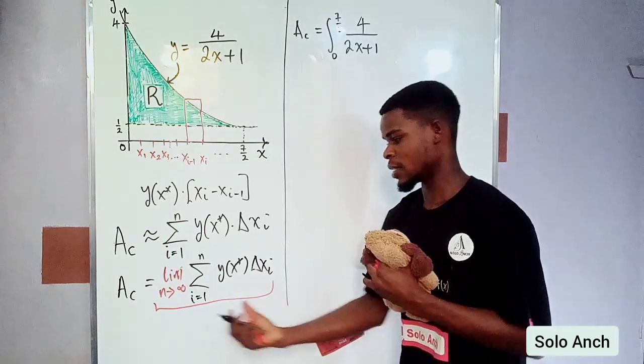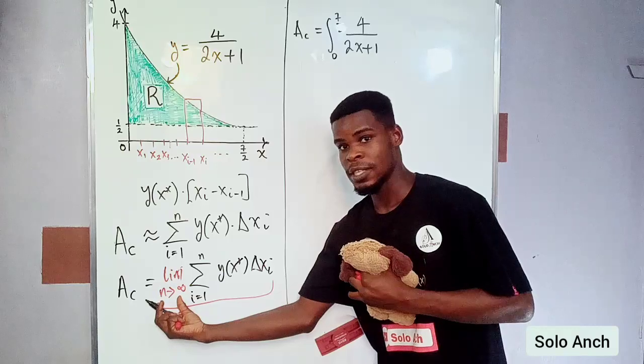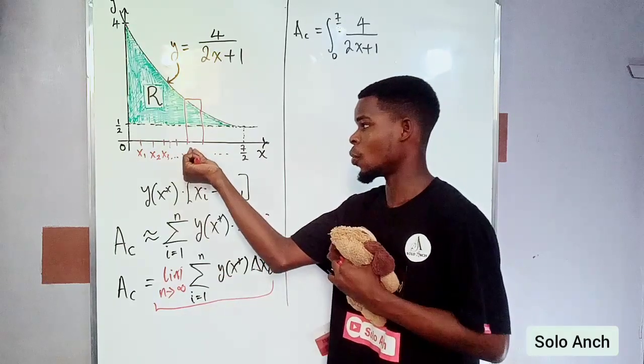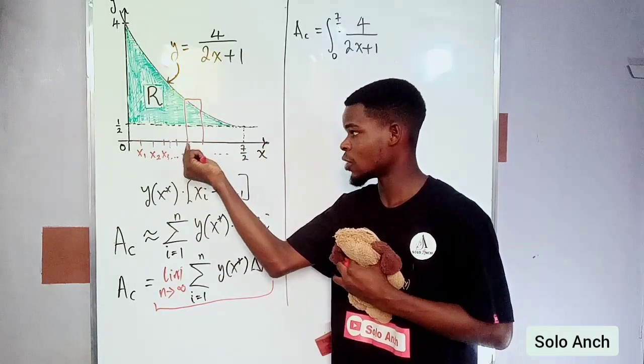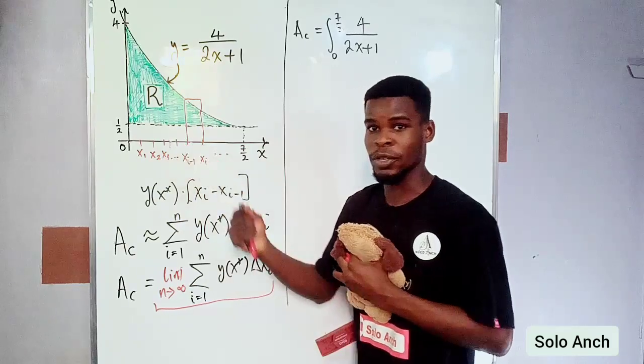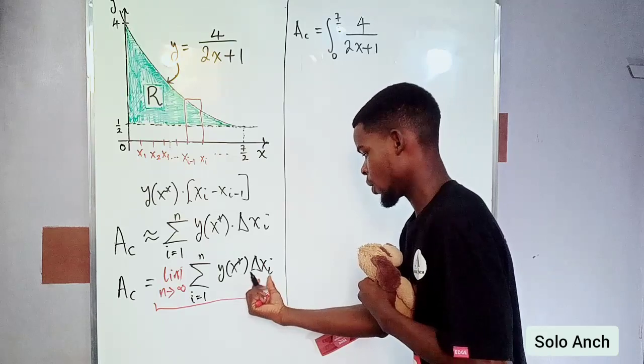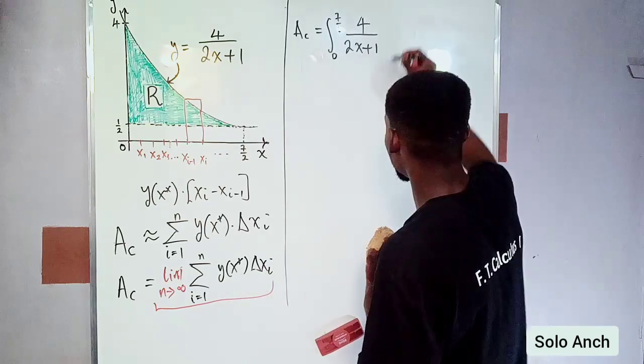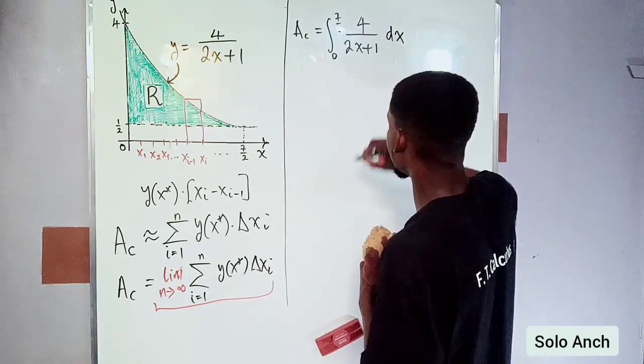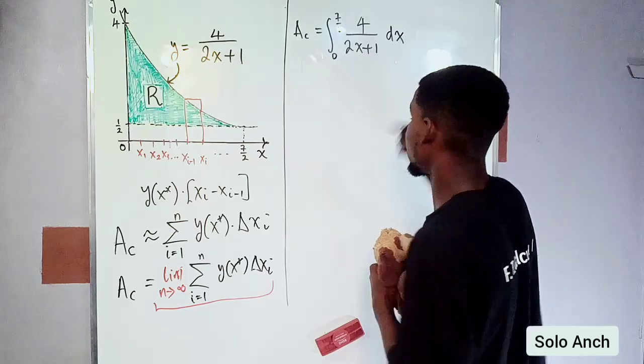So, like I said, as the number of partitions tends to infinity, the width will be getting arbitrarily small. In other words, the same thing we do with the derivative, the differential, the dx, we are going to put over here as dx. Okay, great.